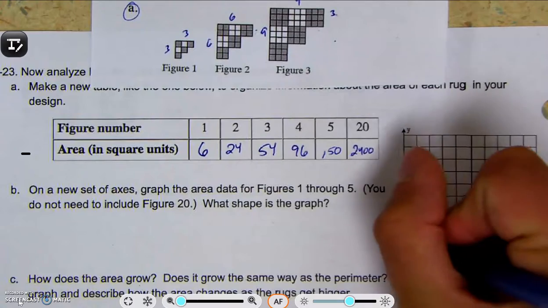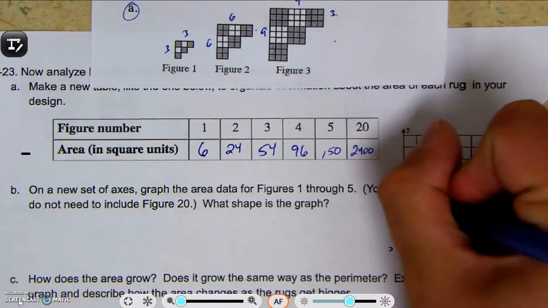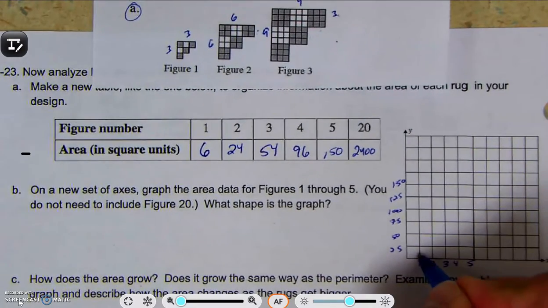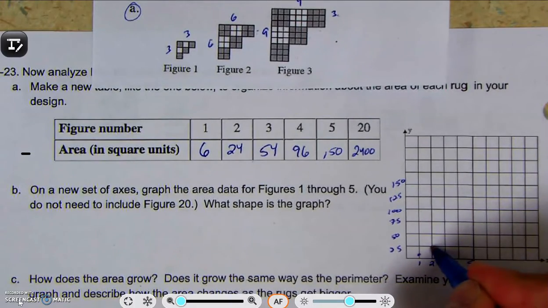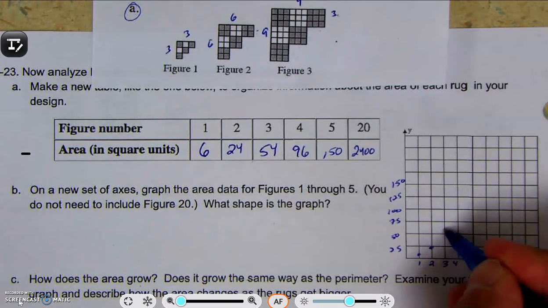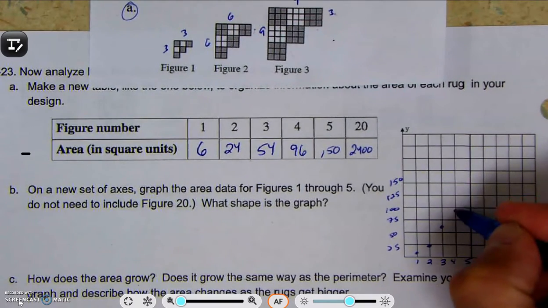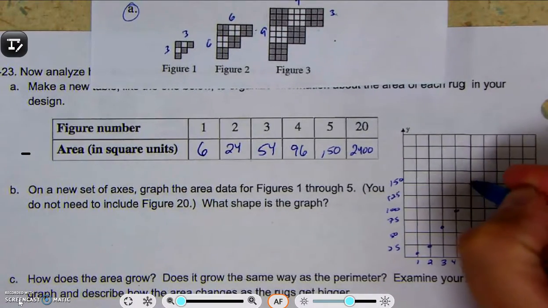So 25, 50, 75, 100, 125, and 150. So if I go ahead and graph that, 1, 6, just an estimate there, 2, 24, slightly below, we have 3, 54, we have 4, 96, and we have 5, 150.